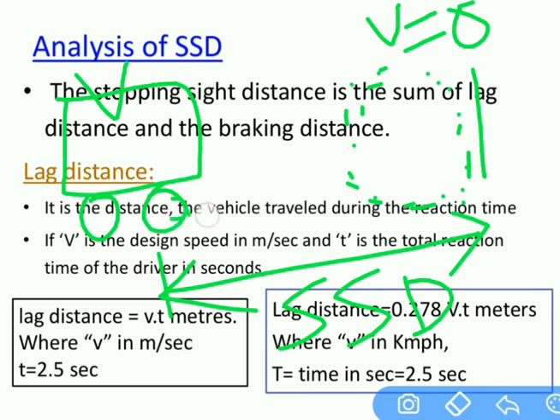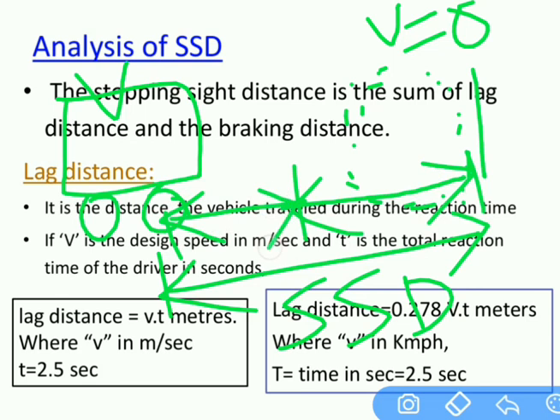One is the lag distance, another one is the braking distance. This is LD, this is BD, lag distance and braking distance.